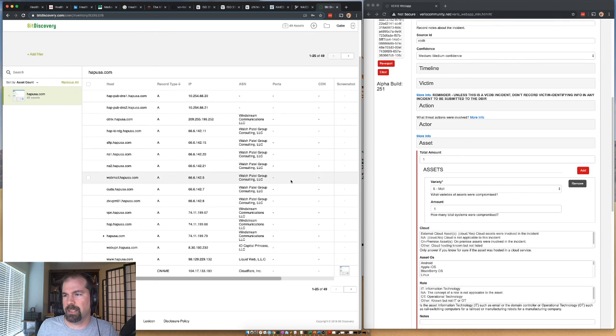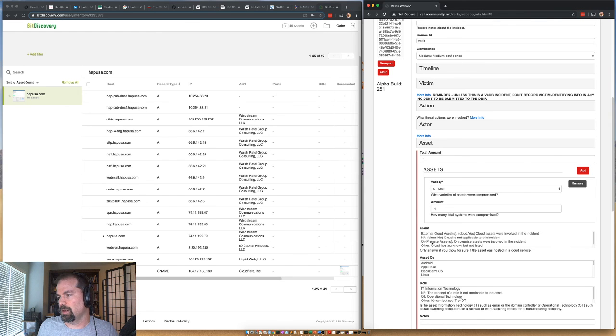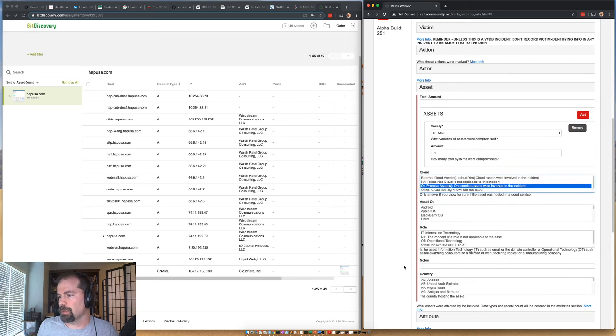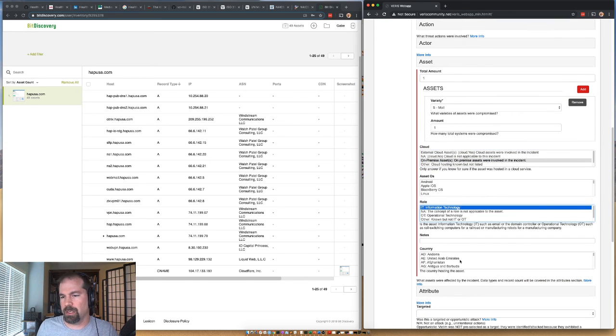This doesn't look like cloud hosting. And so I'm going to suggest that this is on-prem. Then role is IT. These were based in the United States.